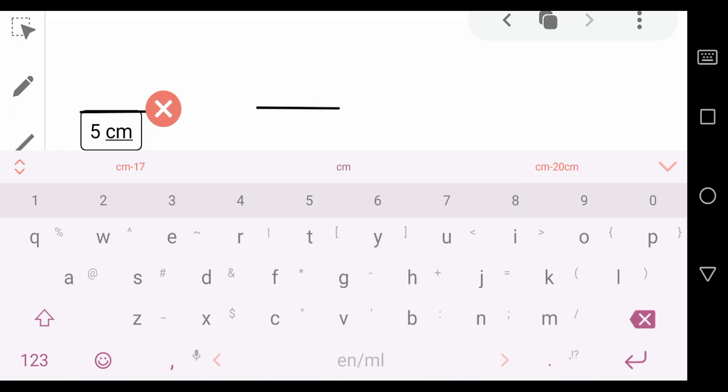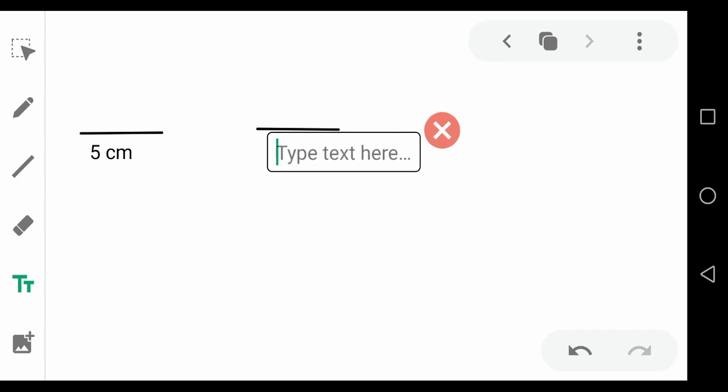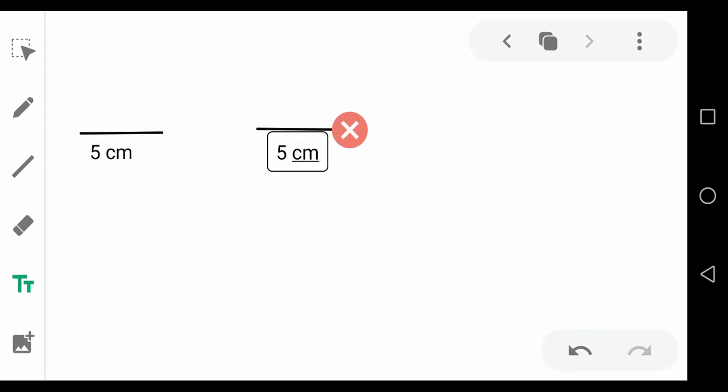Same way, here also, this is also 5 centimeter. So I have drawn the first side of the two triangles: first triangle 5 centimeter, second triangle also 5 centimeter.